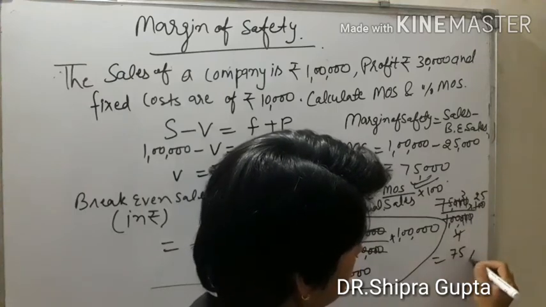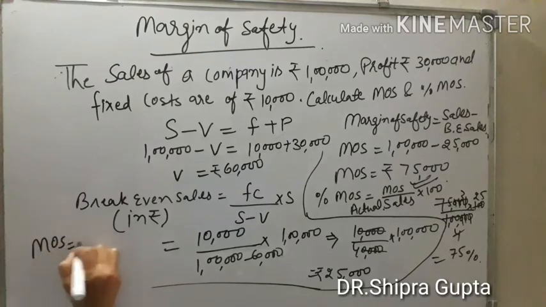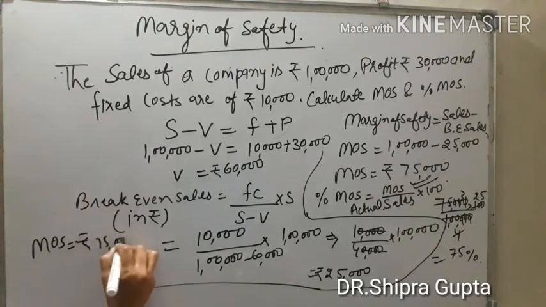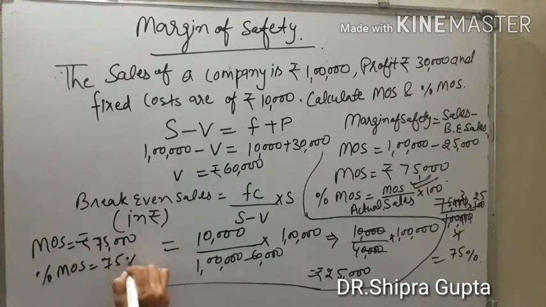It means 75%. So our answer is margin of safety in rupees 75,000 and in percentage it is 75%.